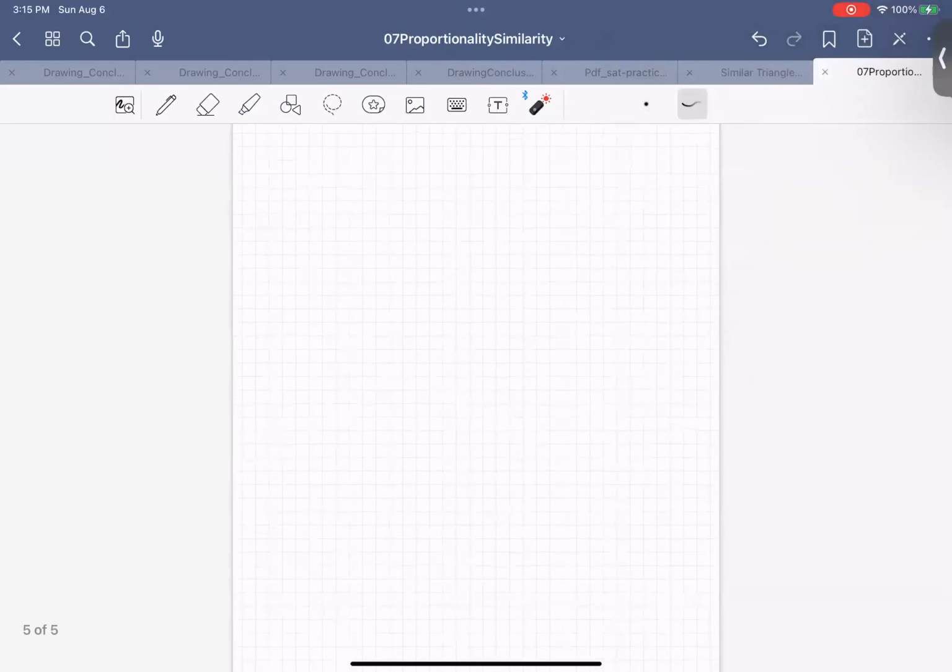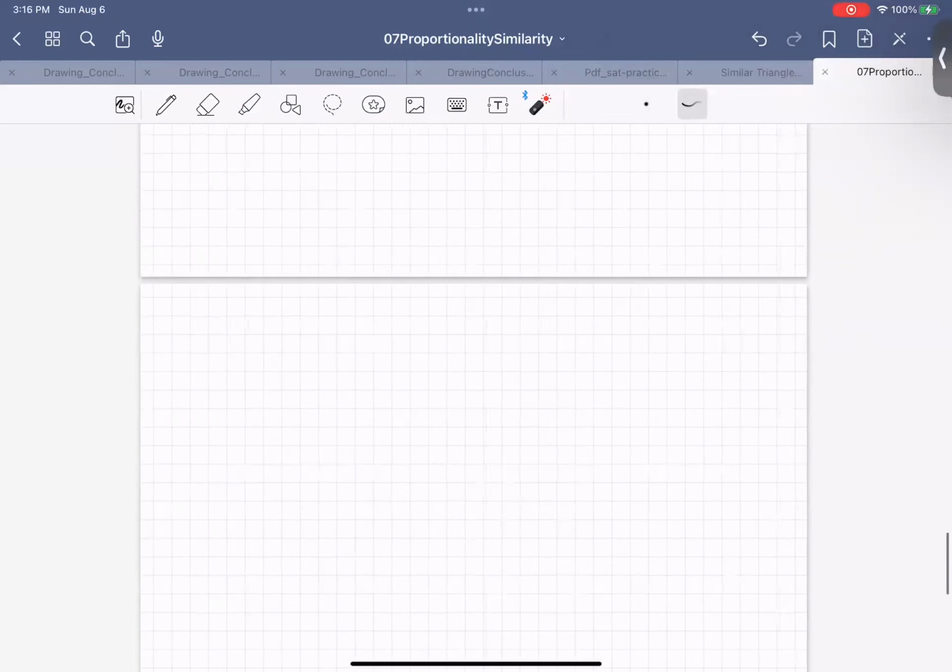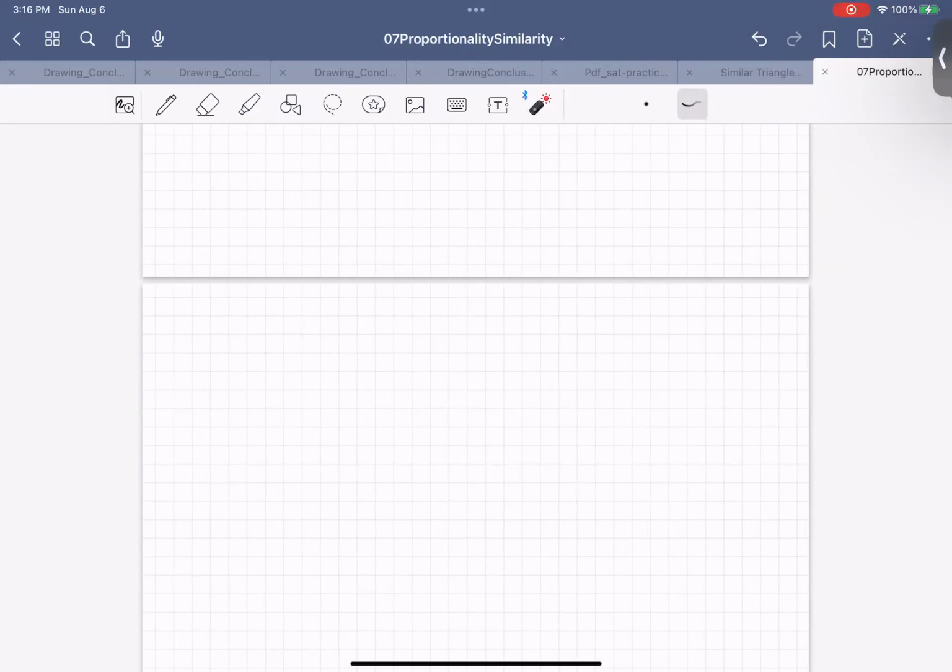Now, I want you to give me a quick summary and send me your work. List the 4 theorems to prove triangles to be congruent. So give me the 1, 2, 3, 4. If you want to prove the 2 triangles to be congruent, list this and draw it quickly.